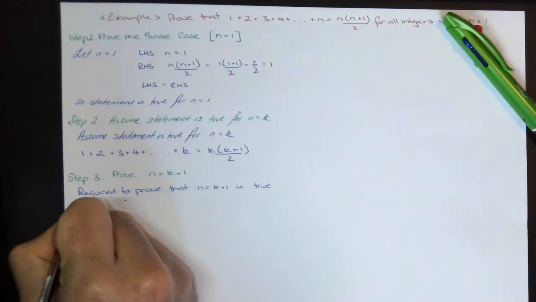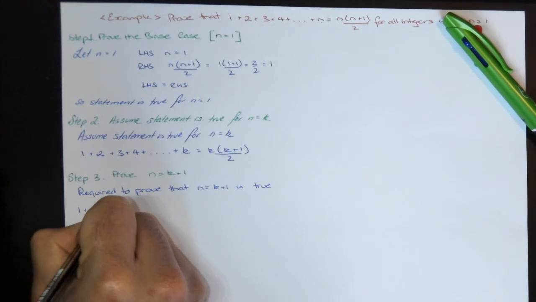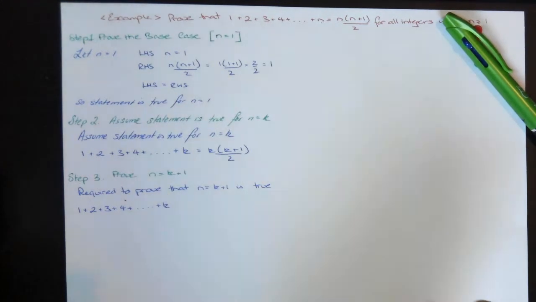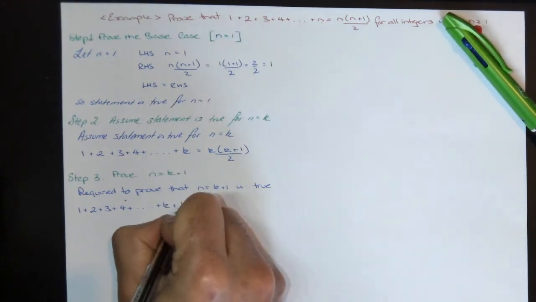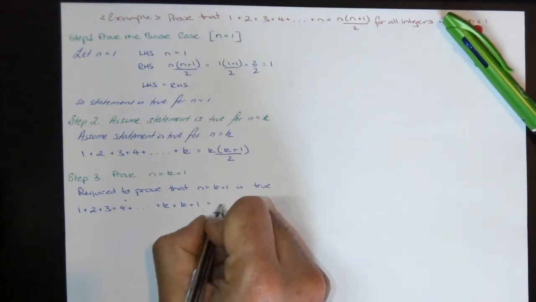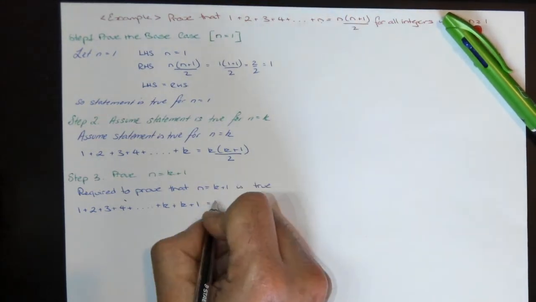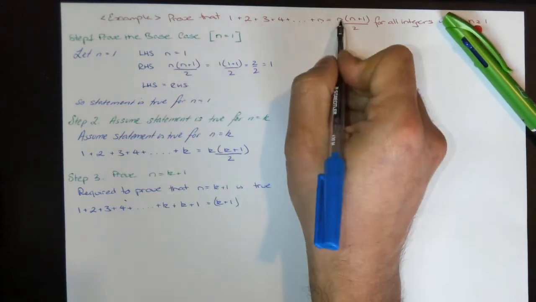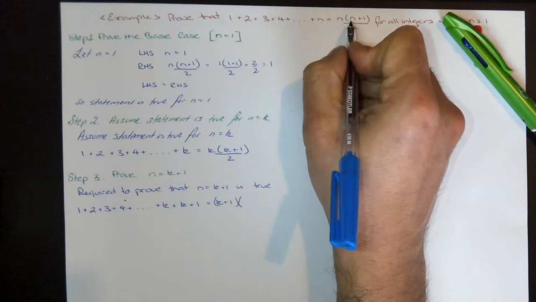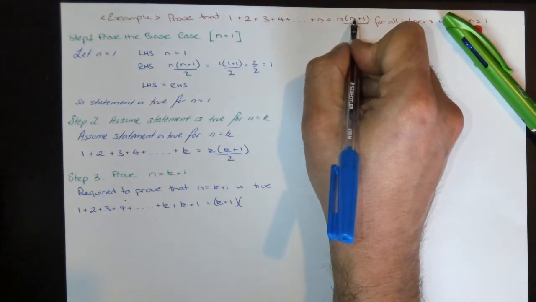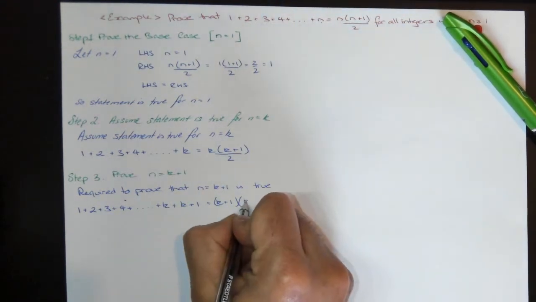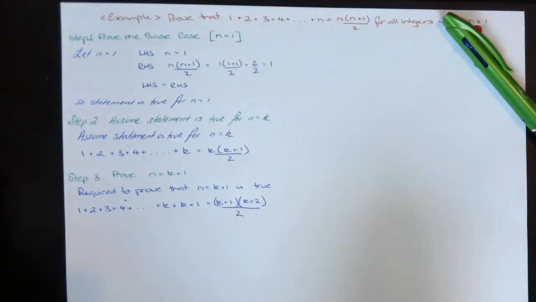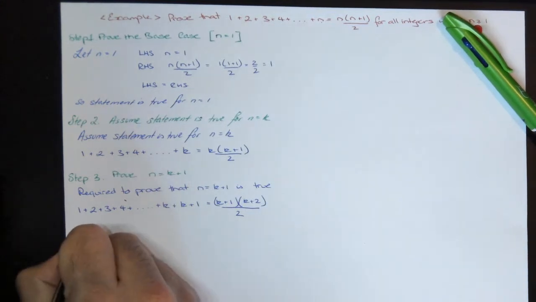So we get 1 plus 2 plus 3 plus 4 plus k, all the dominoes before it, plus k plus 1 is equal to, now we're replacing k with k plus 1 in all this stuff that we see. We get k plus 1, that's for that part. Now if I put k plus 1 and I add another one, that's actually k plus 2, all over 2.